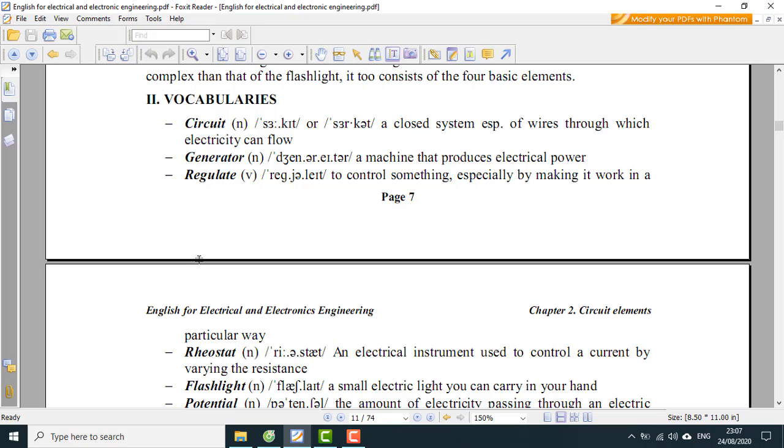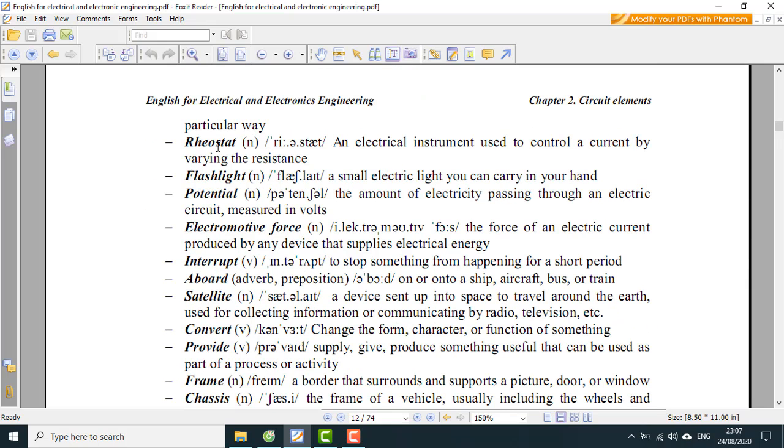Regulate means to control something, especially by making it work in a particular way. Rheostat means an electrical instrument used to control a current by varying the resistance.